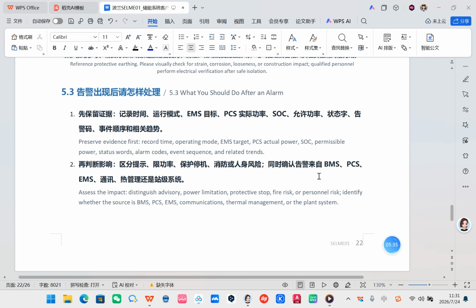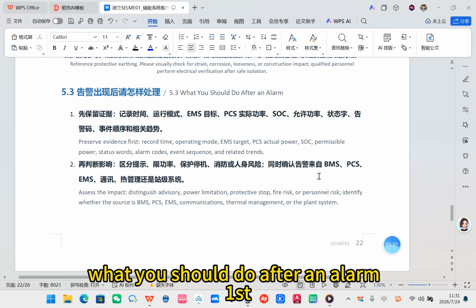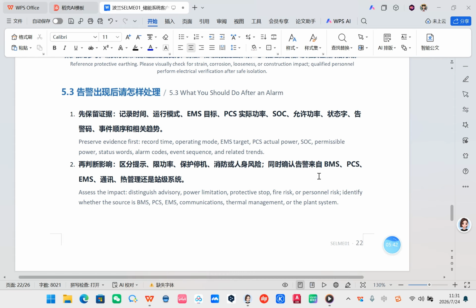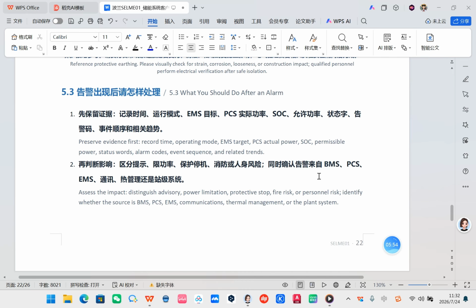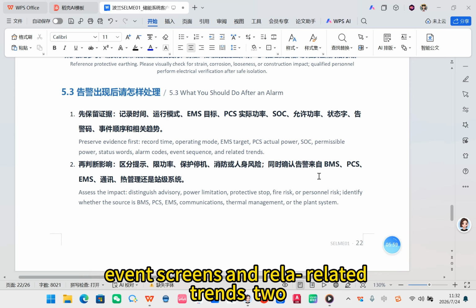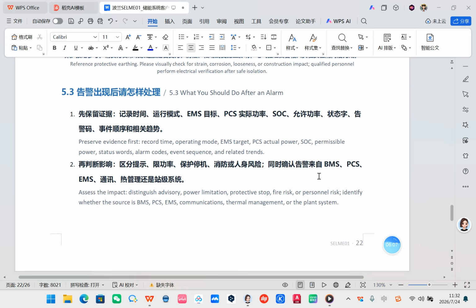So what should you do after an alarm? 1. Preserve evidence first. Record time, operating mode, EMS target, PCS actual power, SOC, permissible power, status words, alarm codes, event screens, and related trends. 2. Assess the impact.